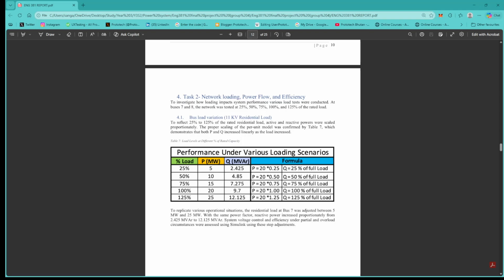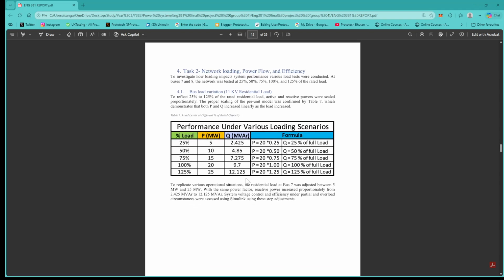The simulation result shows that active and reactive power increase proportionally with the load, confirming the correct per unit scaling.